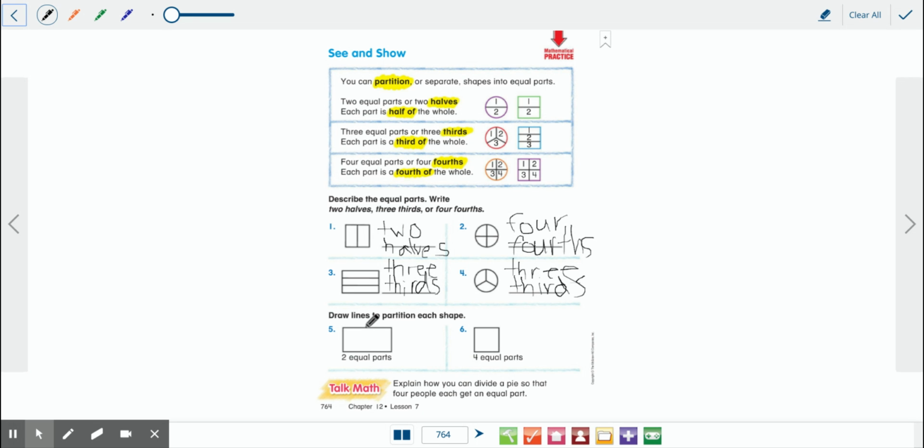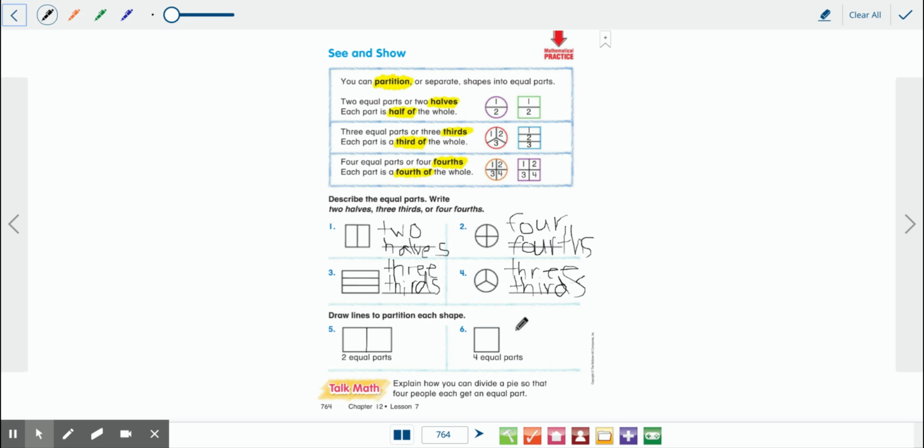I'm going to choose to draw a vertical line. I have 1 equal part, 2 equal parts. If you had wanted to, you could have also divided it with a horizontal line, and you would have had your 2 equal parts on the top and the bottom.